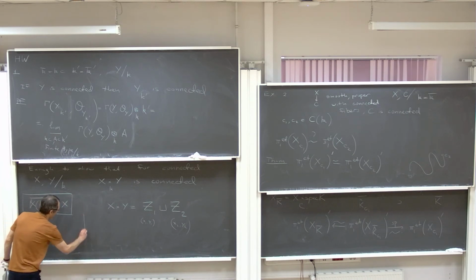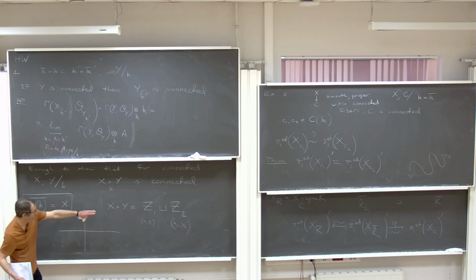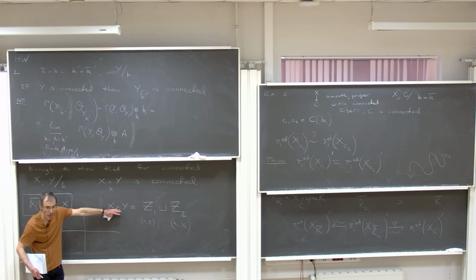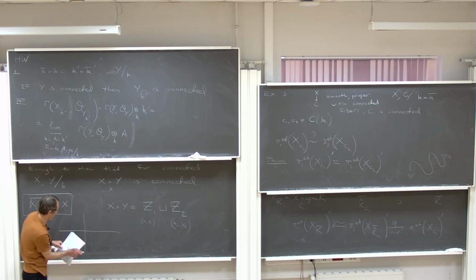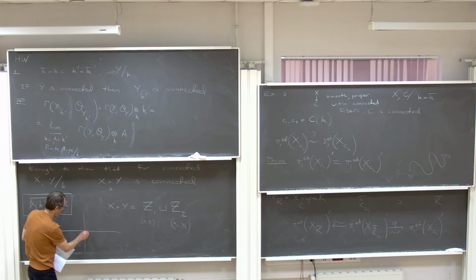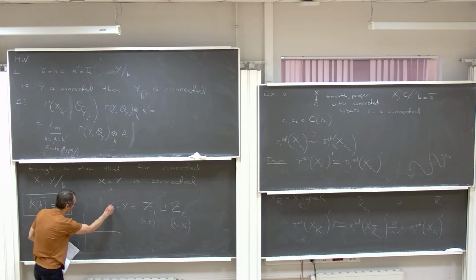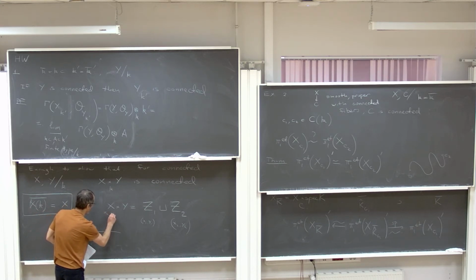Then I will draw this. This is a complicated topological space, but its K points are just the product. So I draw a picture of the product of K points. Here is my point (x1, y1), and here is the point (x2, y2).